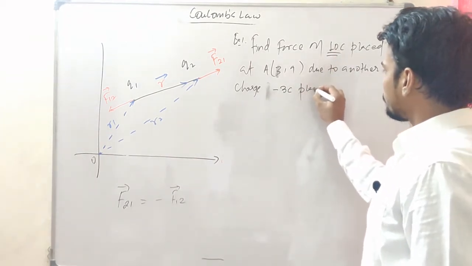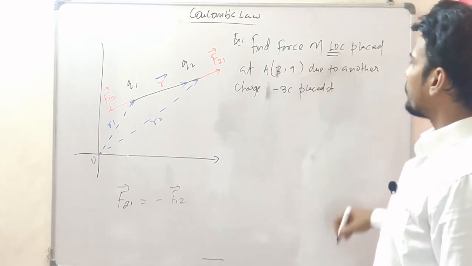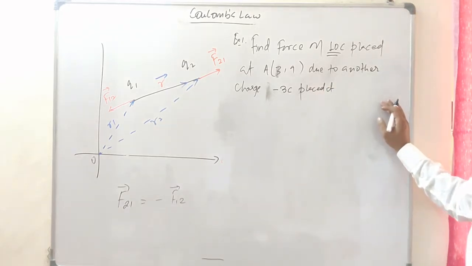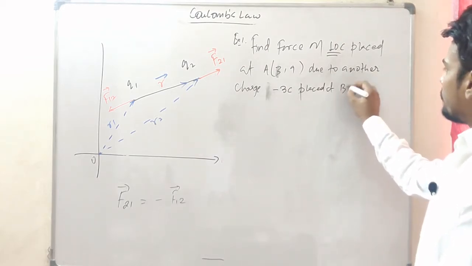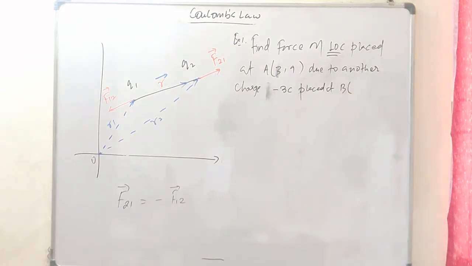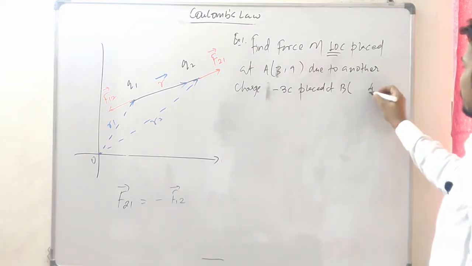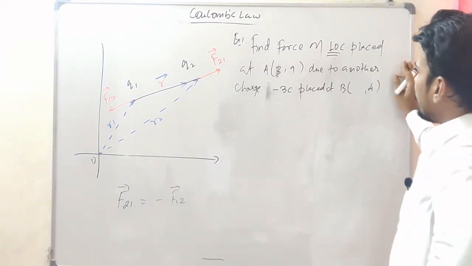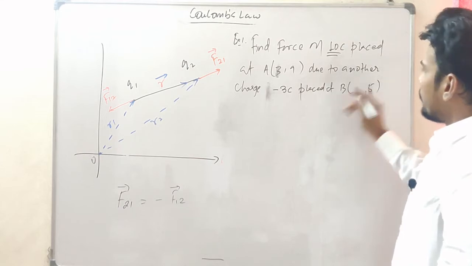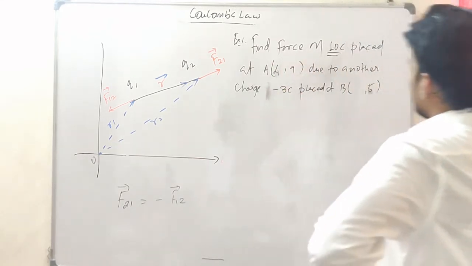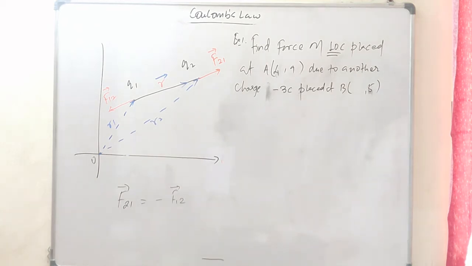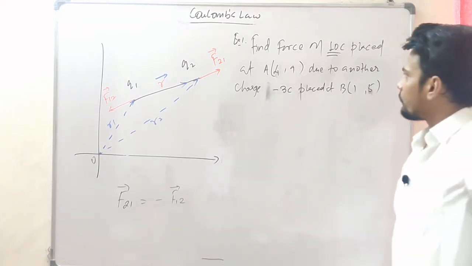It is placed at, let's say, point B, 1, 5. Fair enough. So now you can see I have given the position vector of charge q1.